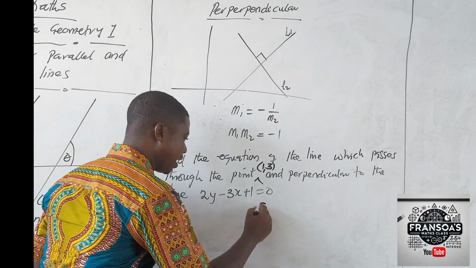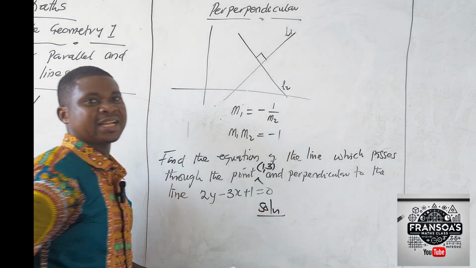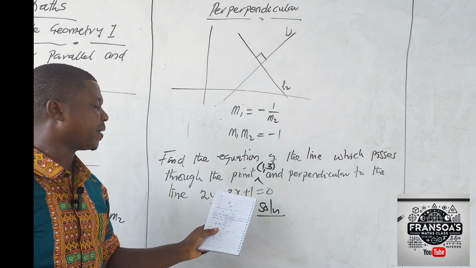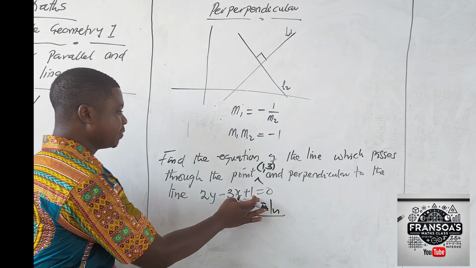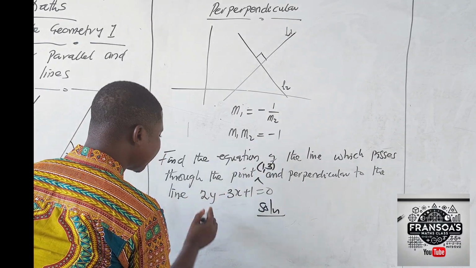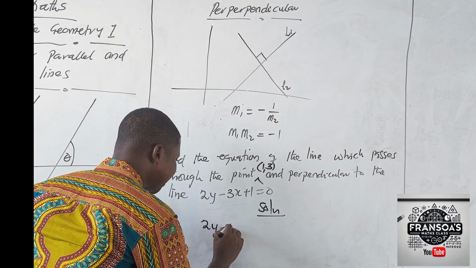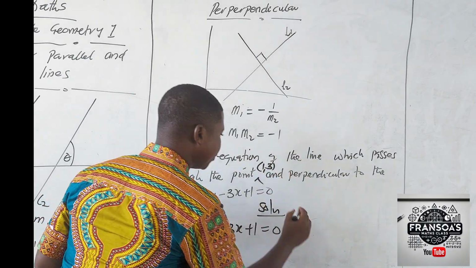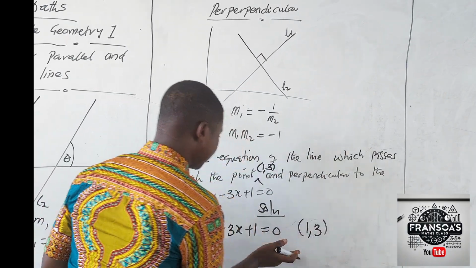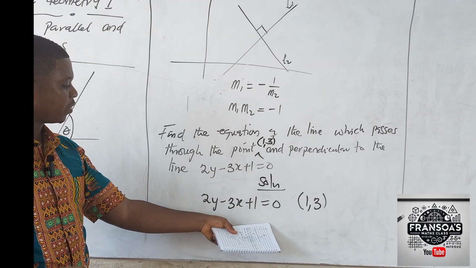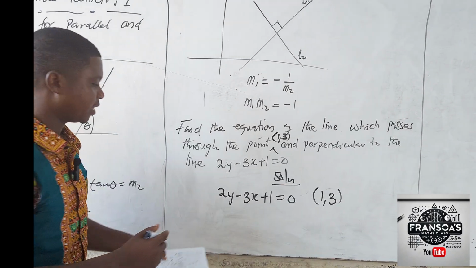So now we are saying that the other line that you are going to find should be perpendicular to this. So first, it means we have to get the gradient. But our equation is 2y minus 3x plus 1 equal to 0. And the point to be used is 1, 3. So first we have to find the gradient from this. And to find the gradient, we have to make y the subject.